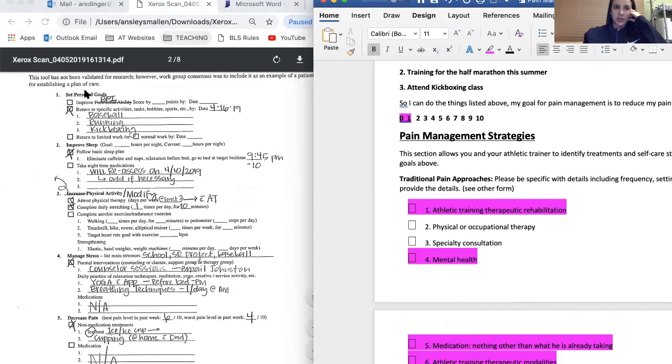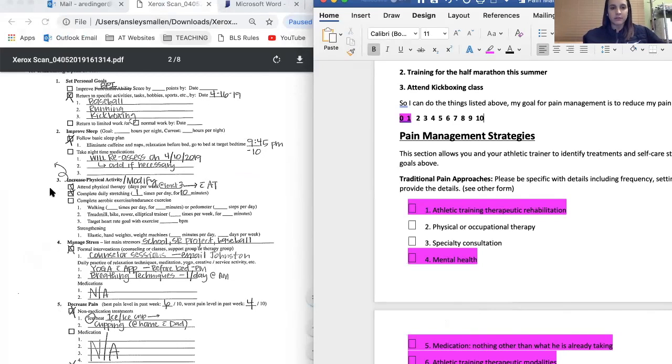So his goals, how we want to improve his sleep, because he felt like these were the biggest ones that he wanted to tackle, and then modifying his physical activity. He is in a PE class, and he's also in baseball, so he's doing quite a bit, but we want to at least modify it so he can still do those things and not feel like he's missing out on everything.